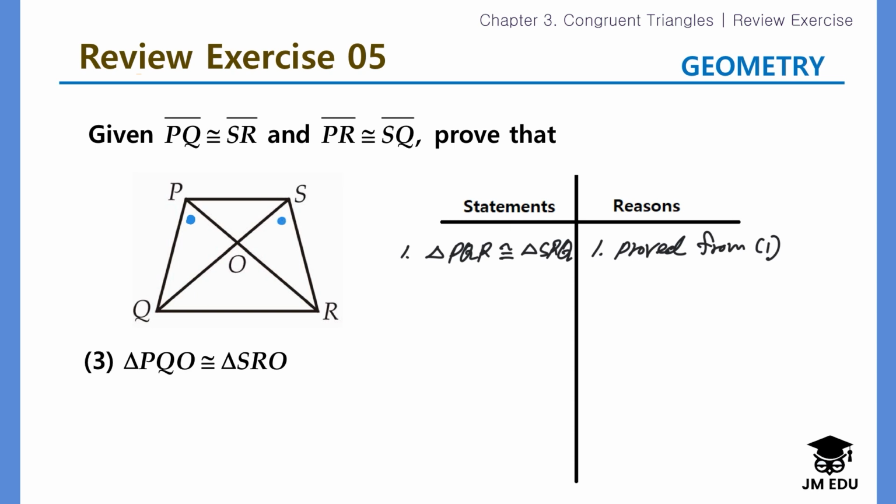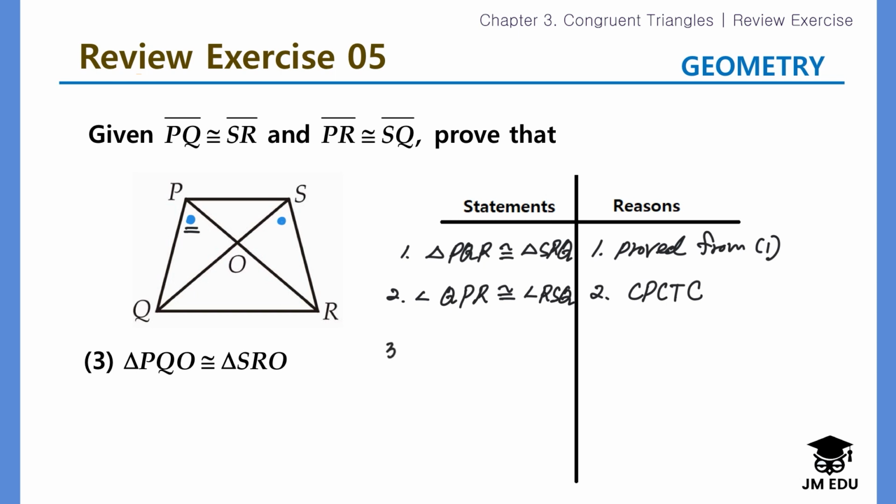So I can write number 2, angle QPR, this angle right here, is congruent to angle RSQ by CPCTC. Congruent parts of congruent triangles are congruent, right?